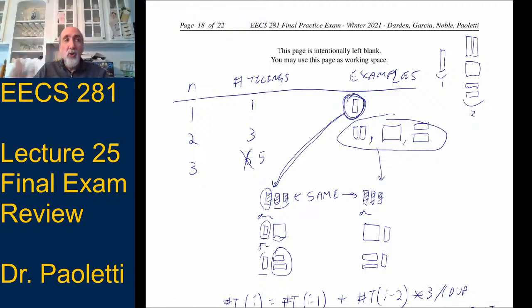So that's how I knew I only had to go back to tilings of I-1 or tilings of I-2. That's how I knew that there were only 2 steps backward I had to look, because that's how I would get here. I would take something that was 1 smaller and add a vertical 1, or I would take something that was 2 smaller and add one of those things to it.